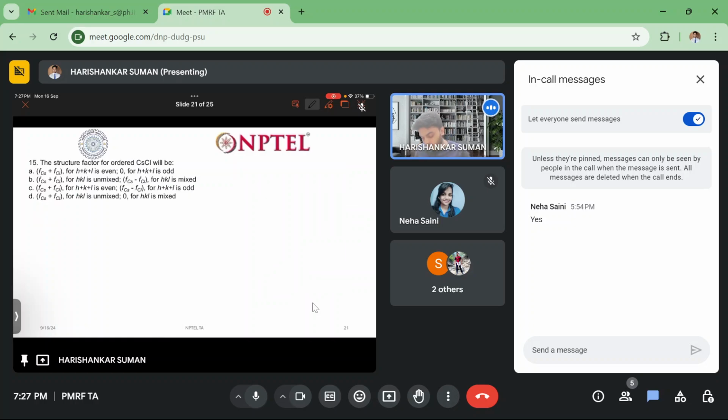Next question. The structure factor of CsCl will be. Please find out the correct option. You can take 10 minutes for this question.